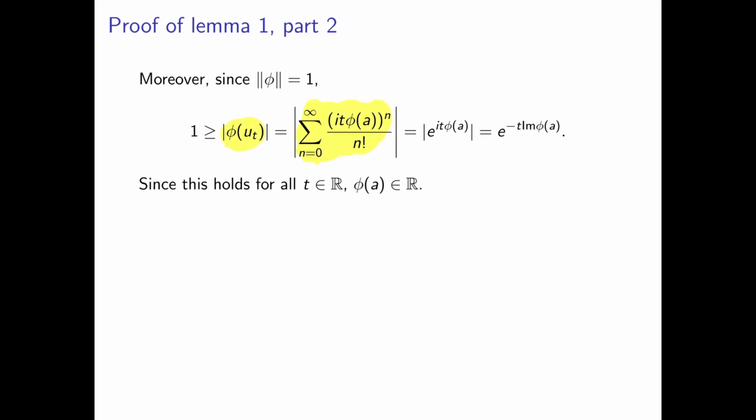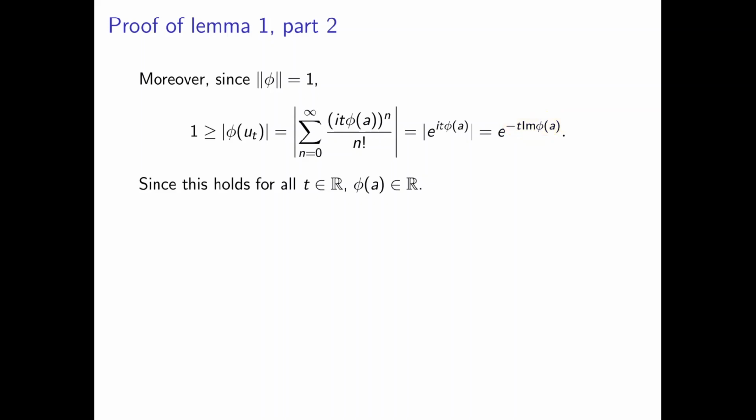But this expression is by definition equal to e to the power of i times t times phi of a. But the absolute value of this is just e to the real part of this expression up here. But that real part is just minus t times the imaginary part of phi of a.